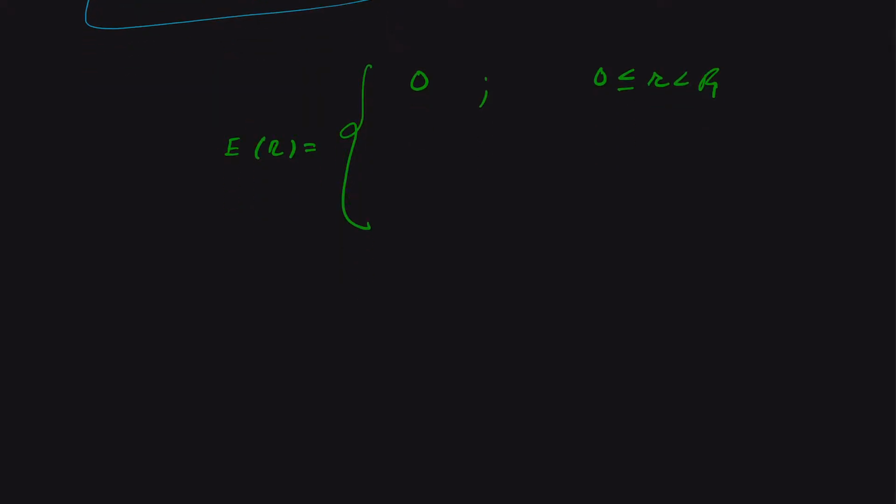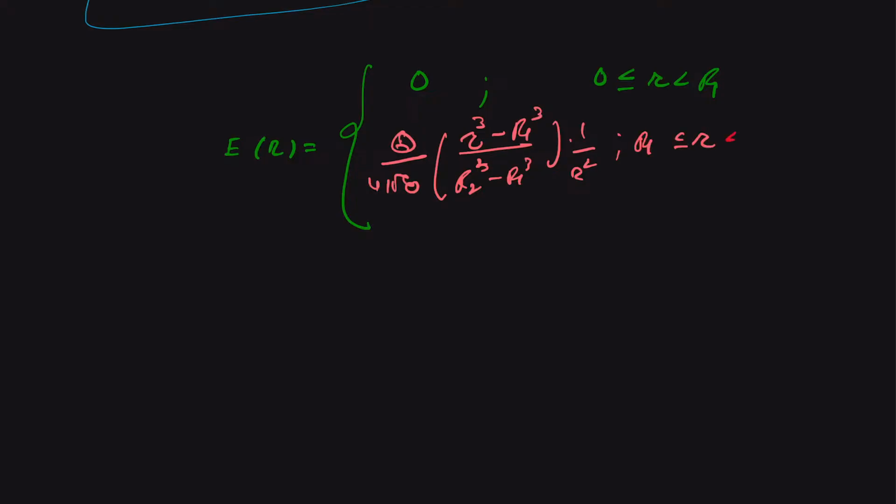Then it has a value of Q upon 4 pi epsilon naught times (r cube minus R1 cube) upon (R2 cube minus R1 cube) times 1 upon r square, when our Gaussian surface is lying between R1 and R2.